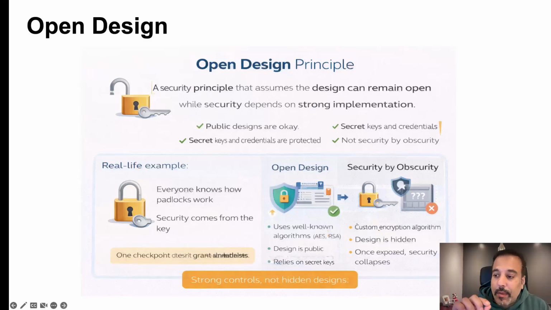Whereas if you're using, for example, RSA or AES, and you keep the secrets, the keys and passwords, secret, that's all you need. So that's where the open design principle comes in. You don't need to reinvent the wheel. Use the designs which are already available, and just keep your keys secure.